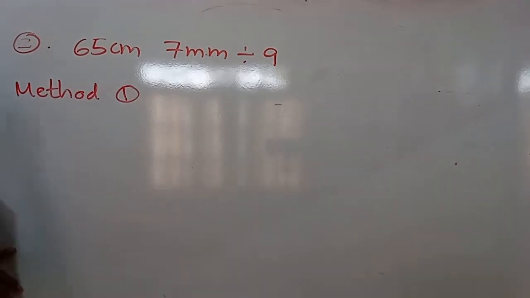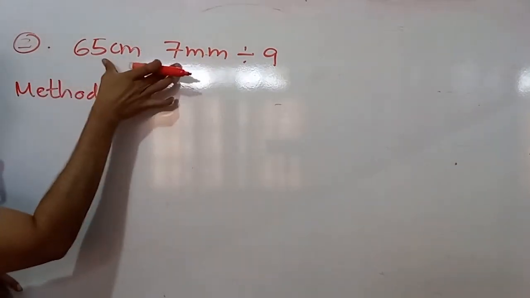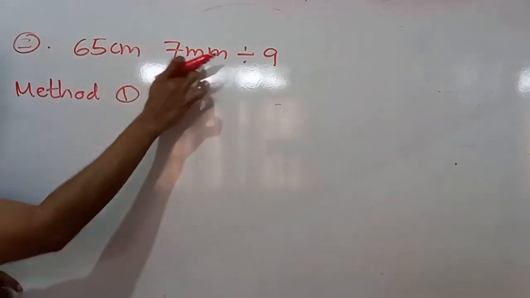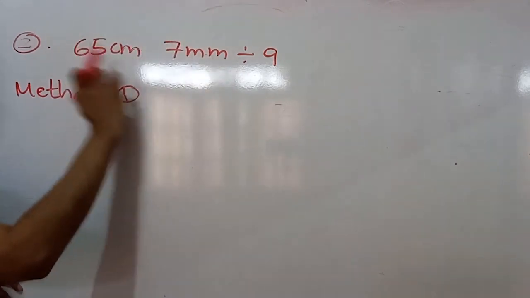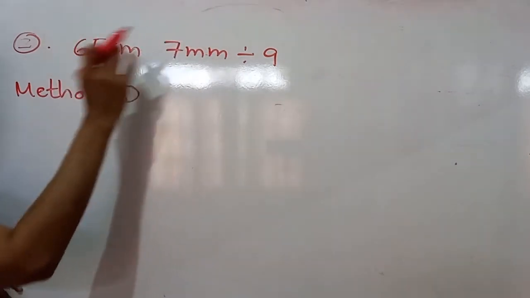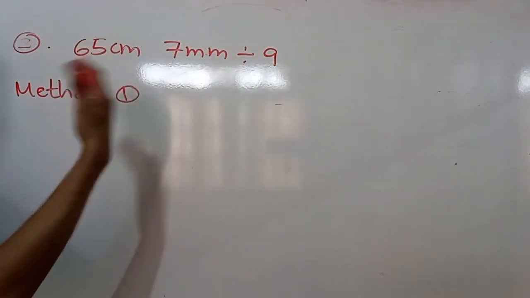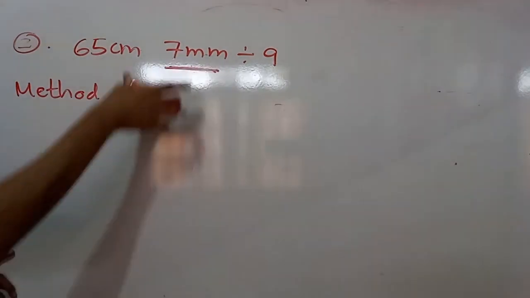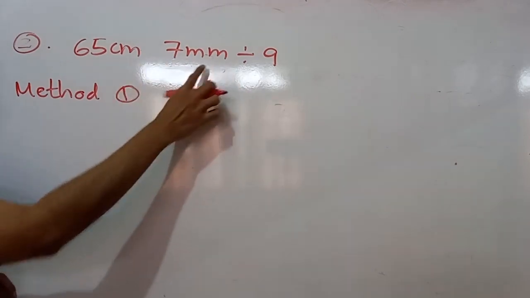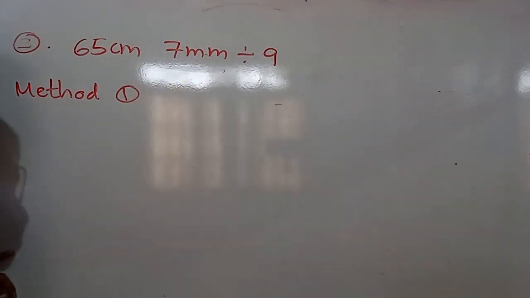Method 1. So we will convert this length, which is given to us in centimeters and millimeters. What do we do with the whole thing? We convert it to millimeters. Always remember when you are converting, pick the smaller unit. Now here we have centimeters and millimeters. Millimeter is the smaller one.